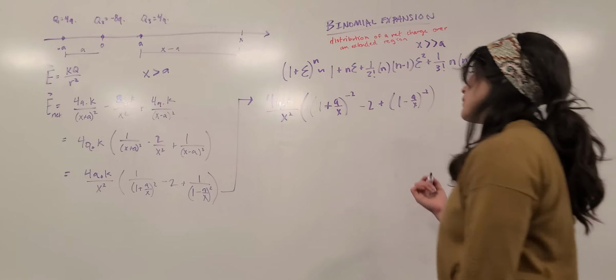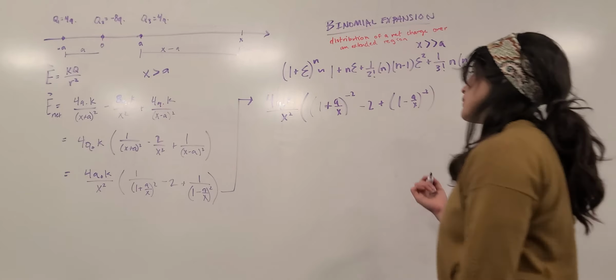Approximately 1 plus negative 2 times epsilon, which is a over x, plus 1 over 2 factorial times negative 2 times negative 2 minus 1, negative 3, epsilon, a over x squared, plus 1 over 3 factorial, which is 3 times 2 times 1, which is 6, times negative 2 times negative 3 times negative 2 minus 2, which is negative 4, times epsilon, a over x cubed.